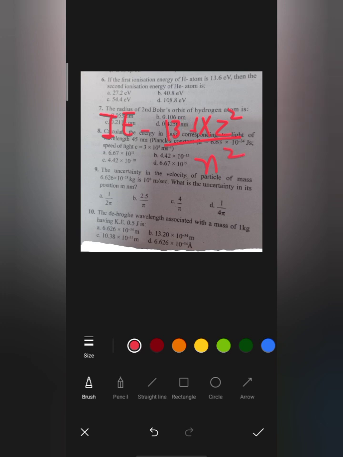For helium Z is 2, and for the second ionization energy of helium we take n as 1 and Z as 2. Putting in the formula, 13.6 into 2 square upon 1 square, you will get 54.4. So option C will be the correct option.